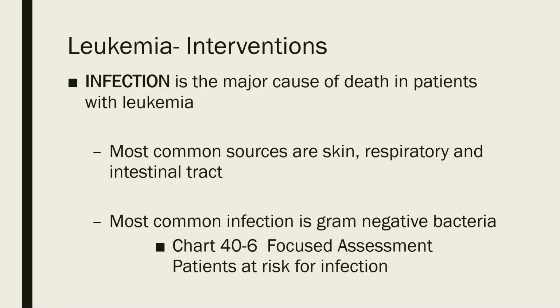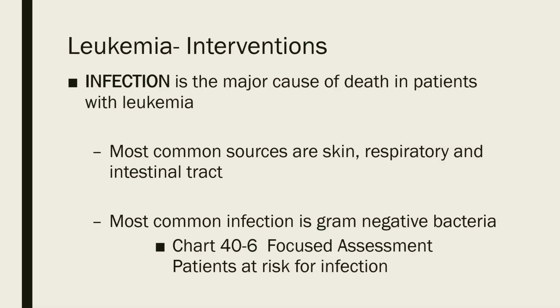Okay? The patient with leukemia, as we know, is immunosuppressed. The infection is because, remember, those white blood cells, those blasts, are immature and non-functioning, and they are being depleted by the chemotherapy. Sometimes their infection is auto-contaminated, meaning it's their normal flora.